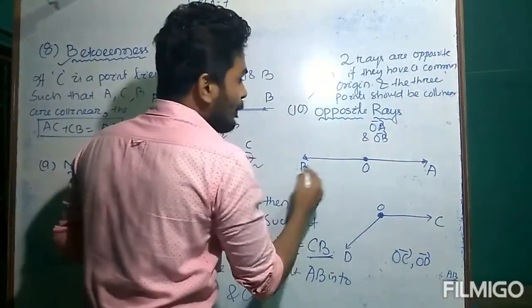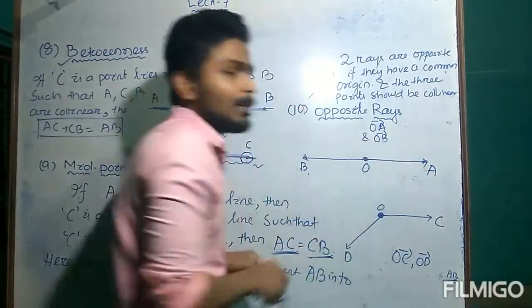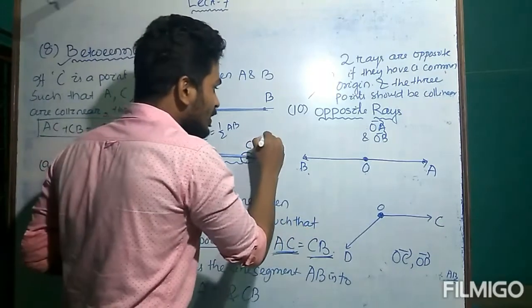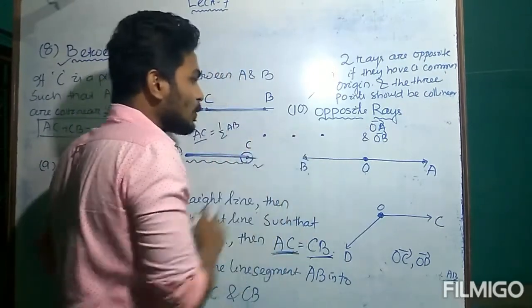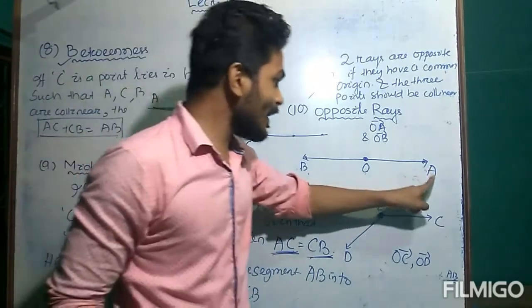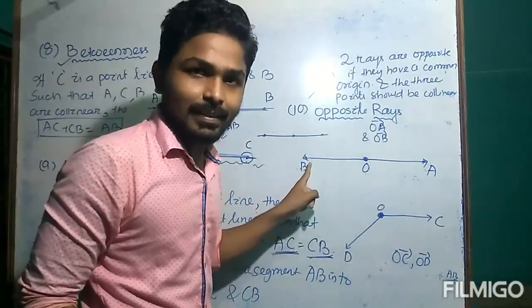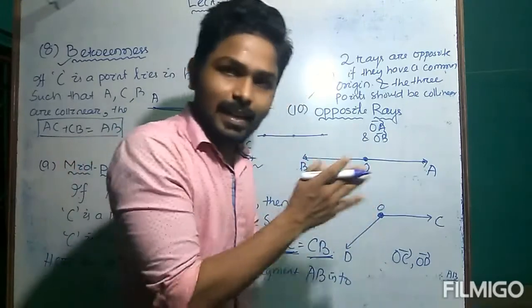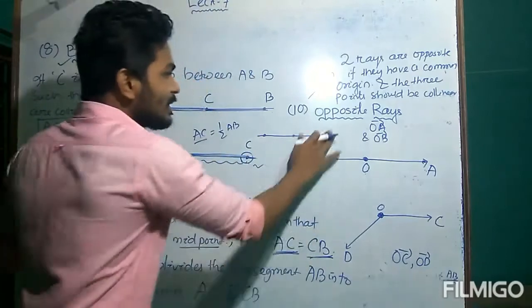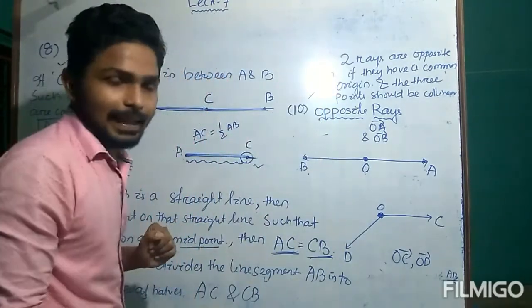It means B, O, A, if we join them, then they will form a straight line. That is the definition of collinear. 3 points are said to be collinear if they lie on a straight line. Similarly, here the points A, O, B are on a straight line, or they are joined to form a straight line, so these 3 points are collinear. And this is the condition of opposite rays.